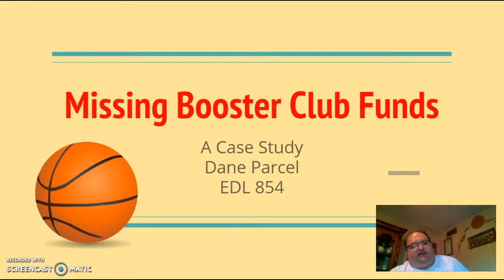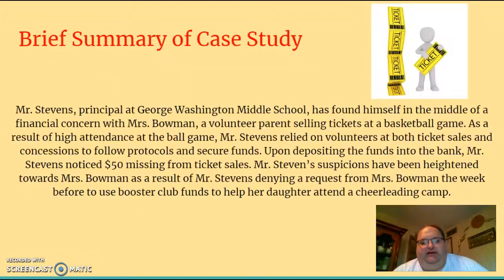So just to give you a little bit of background on the case study before analyzing the events of what happened. Mr. Stevens is the principal of a school named George Washington Middle School. And he's basically found himself in the middle of a financial controversy between a parent named Mrs. Bowman.